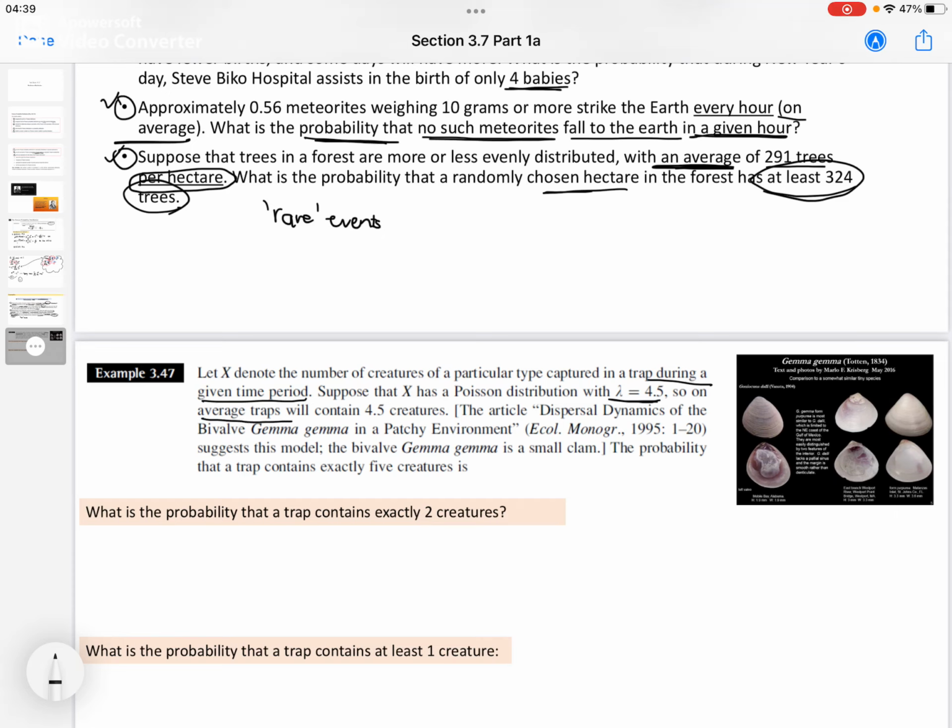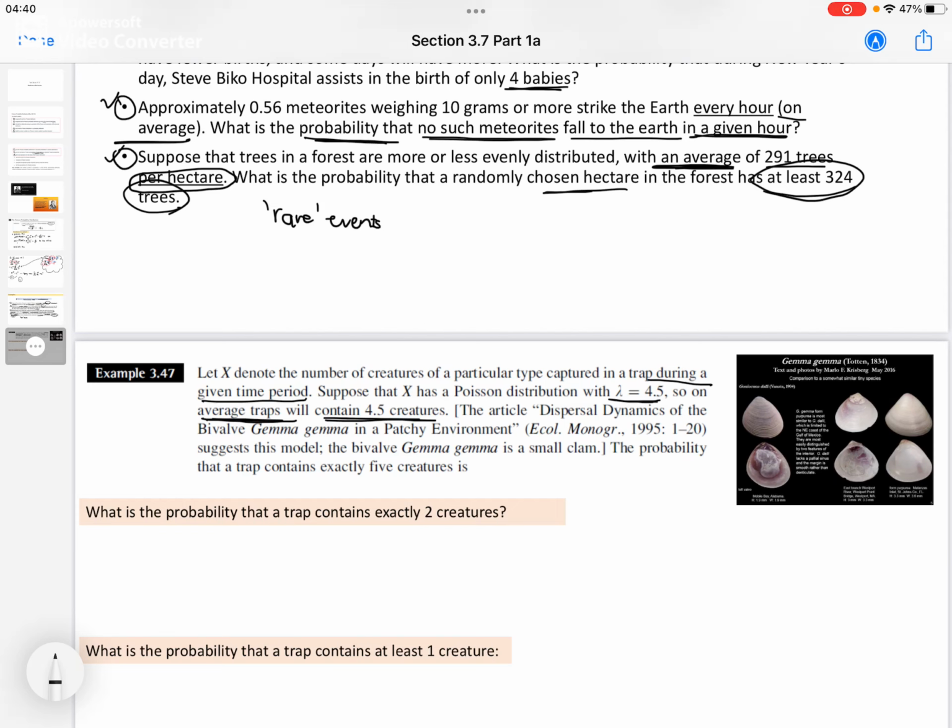So on average each trap will contain, or we assume will contain, 4.5 creatures.